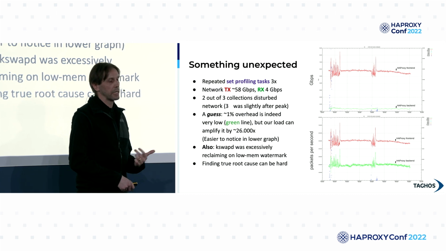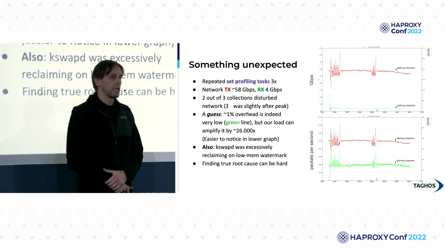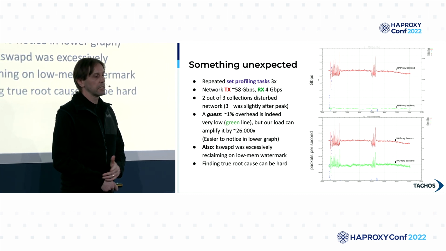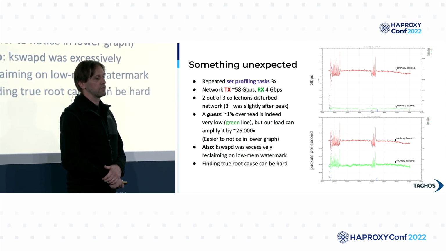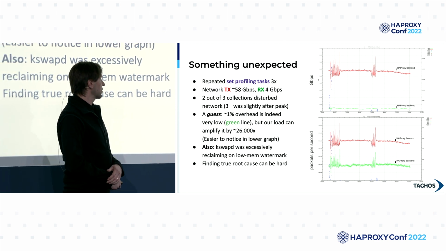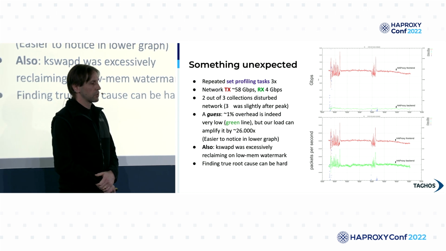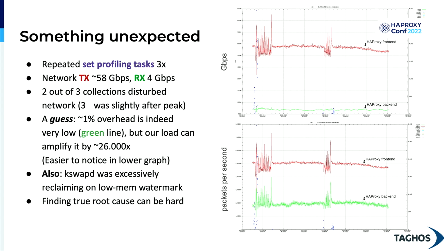At that time, we had about 26,000 sessions, which was enough to really escalate the variation. And we even have these blue dots around. Those are packet drops. These disturbances and packet drops happen only during the time that we were collecting data with set profiling tasks.